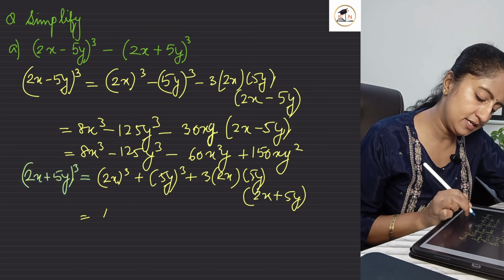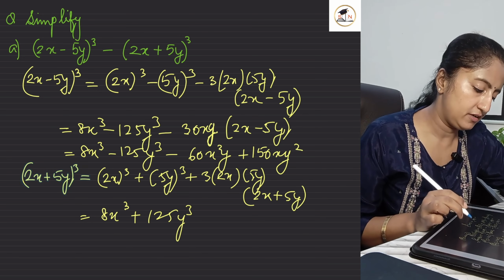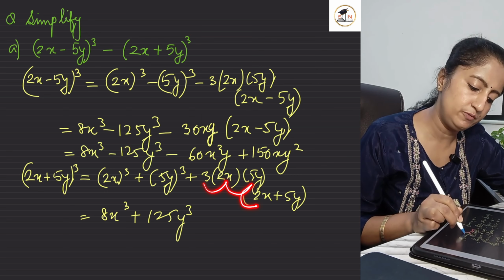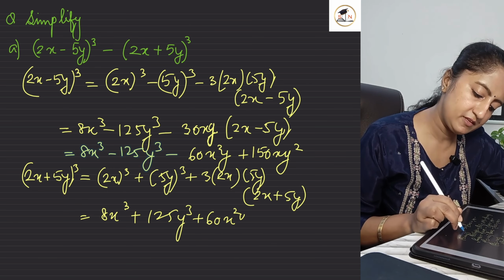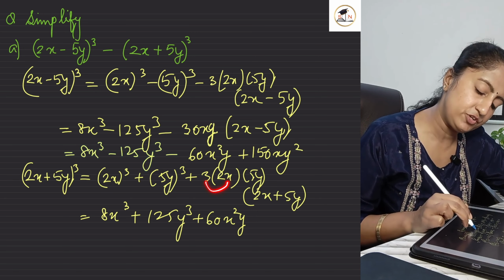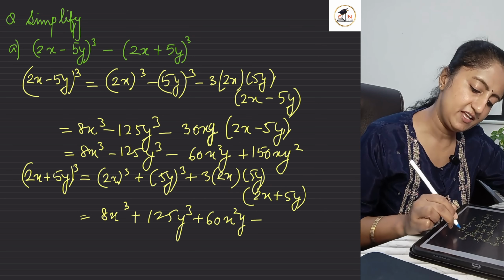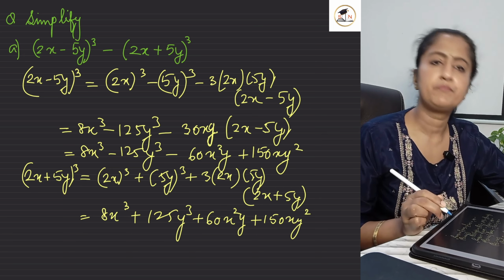Now I will write the answer directly, which is 8x cube plus 125y cube. Okay, 3 into 2, 6, 6 into 5, 30, 30 into 2, 60. So we have plus 60x square y. And then similarly, 3 into 2, 6, 6 5s are 30, 30 5s are 150, plus 150 xy square.